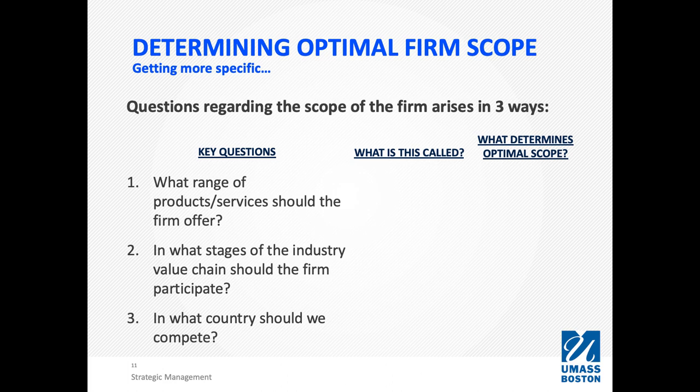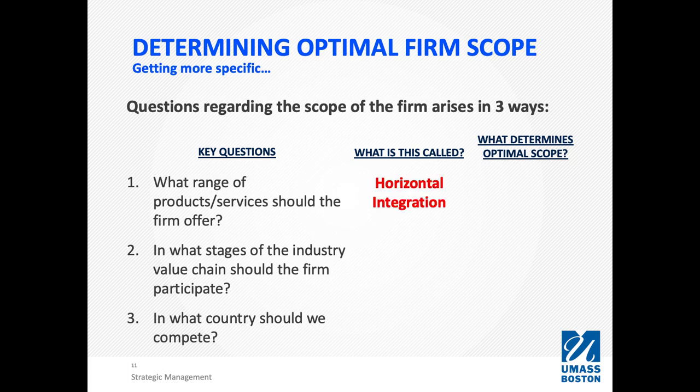Now, to get more specific, another way to talk about corporate strategy is to talk about the scope of the firm, the full scope of where the firm is going to operate. To figure out what determines how far each company can or will go in terms of horizontal, vertical, or global scope, it has to consider three things.